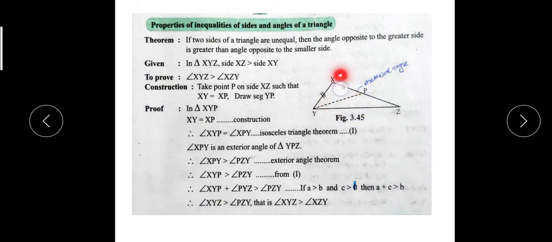It means that your angle XYP is also greater than angle XZY. But XYP plus PYZ is XYZ. If XYP is already greater than XZY, and you are adding something again, it is bigger than this only, and therefore angle XYZ is greater than angle XZY.